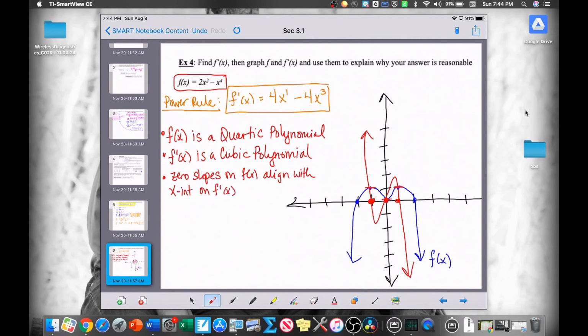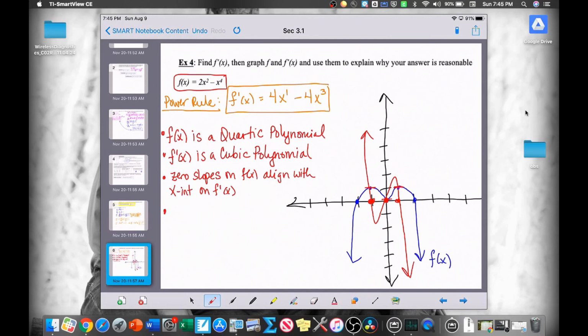The next thing we should think about is our increasing and decreasing. So f of x appears to be increasing to begin with up to about -1, and that's where f prime is above the x-axis. Then f of x decreases from -1 to 0, and our f prime is below. Then it increases from 0 to 1, our f of x is above, and then it decreases from 1 on, and our f prime of x is below.